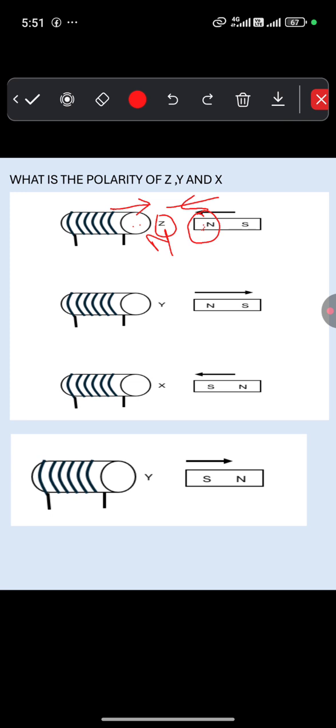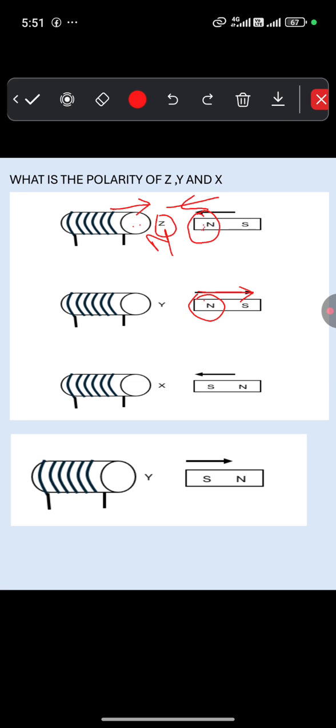Okay? Now, when you pull the magnet away, when you pull it out, you are pulling out the north pole, right? If you pull out the north pole, remember the solenoid will want it back. It wants the bar magnet to come back, right?